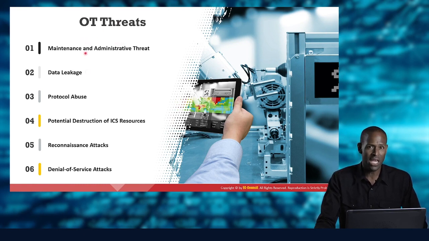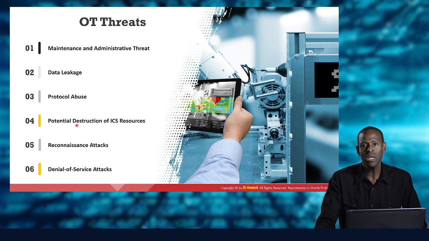There could be data leakage because of lack of secure protocols, open ports, etc. And lack of encryption too. Like for instance, you can't encrypt the internal storage. There could be protocol abuse where protocols that are implemented on these industrial systems are being used for other purposes, opening them up further to attack.